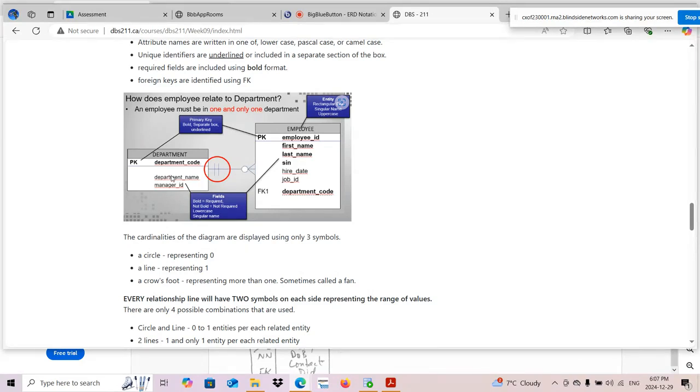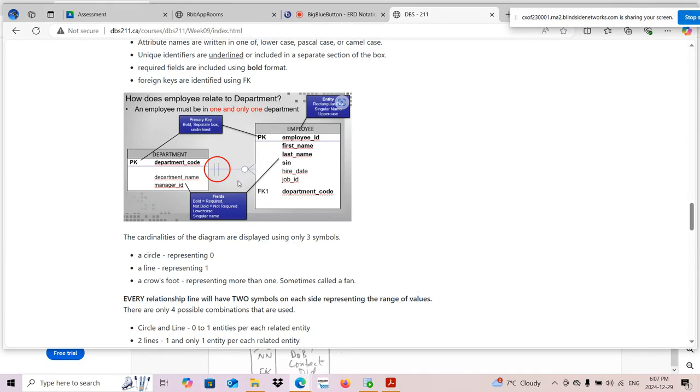So you may have an employee name or row sitting in this department table that is not related with any of the rows in the other side. However, once you have double bar, this means this is mandatory. That means if there is an employee sitting here or a row in this table, it must be related. That employee must be working for some department.